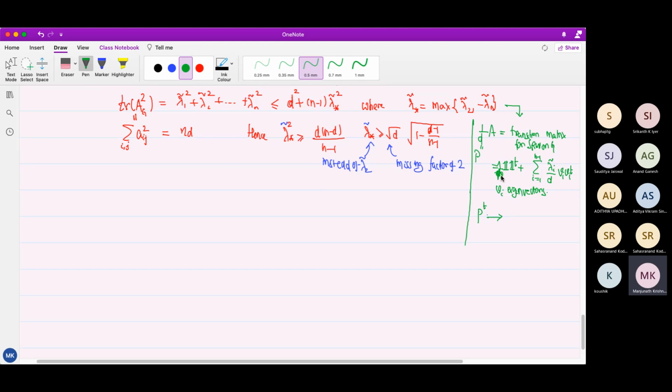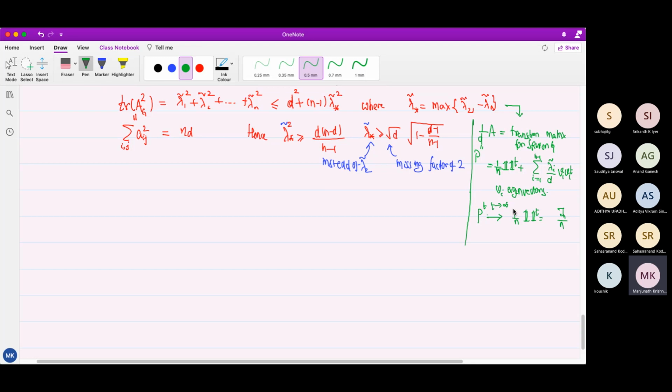The constant vector divided by root n is normalized, so in the spectral decomposition I will have orthonormal eigenvectors. So when t goes to infinity, P to the power t converges to 1 over n times 1 1 transpose, which is the all one matrix divided by n.